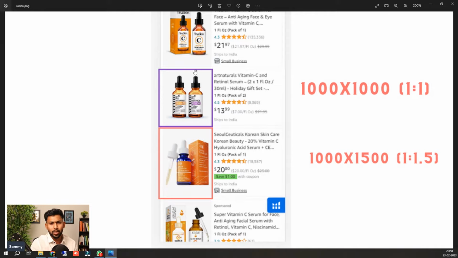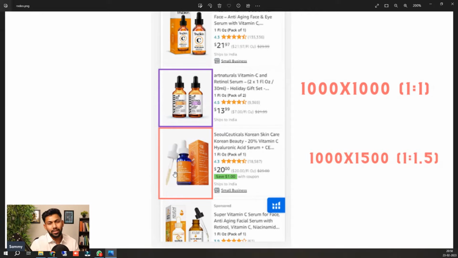I have also circled it with a box so that you can see it. The first image is using a 1:1 dimension, maybe 1000 by 1000 pixels or 2000 by 2000 pixels. That is a 1:1 ratio, a square image. The bottom one, priced at $20, uses a tall image where the ratio might be 1:1.5 or 1:2. That means it is taller while the width is the same.